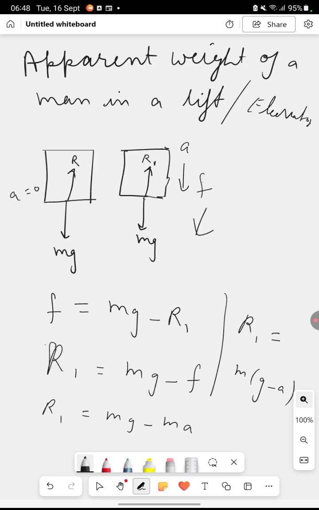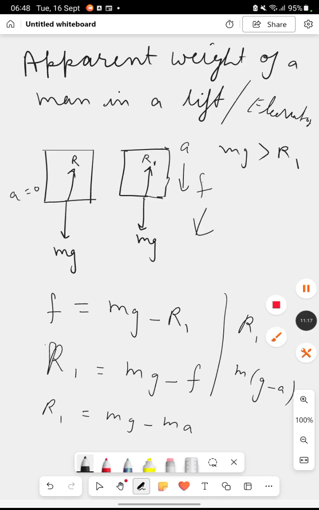So the elevator will move in the downward direction only when mg is greater than R1. This is the condition when the elevator will move in the downward direction.